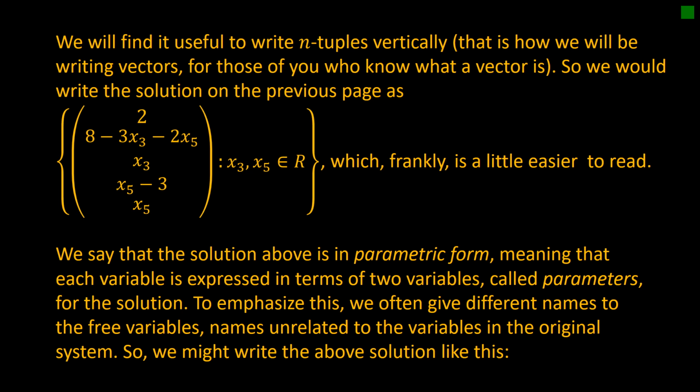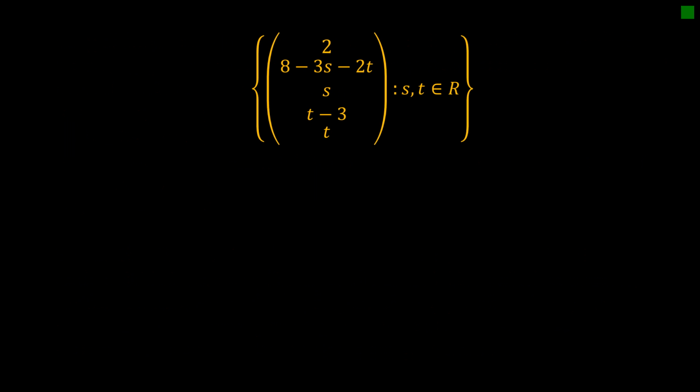I use s and t now. So x1 is 2, x2 is 8 minus 3s minus 2t, x3 is s, x4 is t minus 3, and x5 is t. So you can see I've made x3 into s and x5 into t.